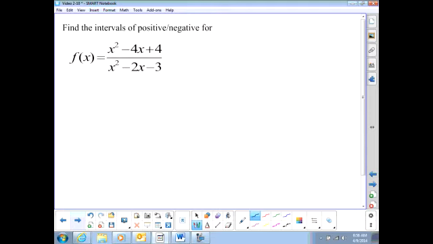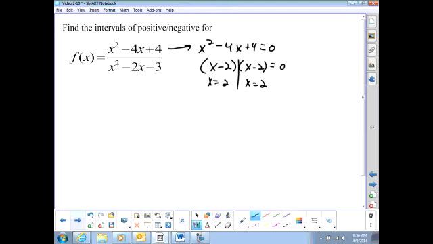You learned in pre-calc in your rational functions unit that the roots are determined from when the numerator is equal to 0. Since this can factor into x minus 2 and x minus 2, the only place we will have a root is at x equals 2.